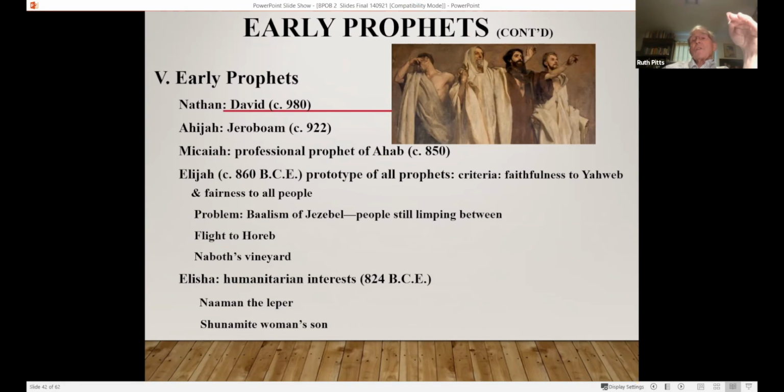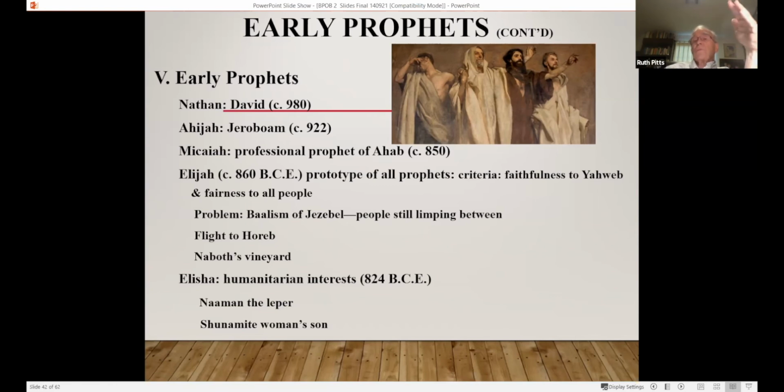Then he returns and talks about Naboth's vineyard. This is a very good example of what the prophets were about. So Ahab, you have all of this property, and yet you want this vineyard that is very productive, that's very close to you, and you can't buy it. And so you're going to take it in an unjust way.